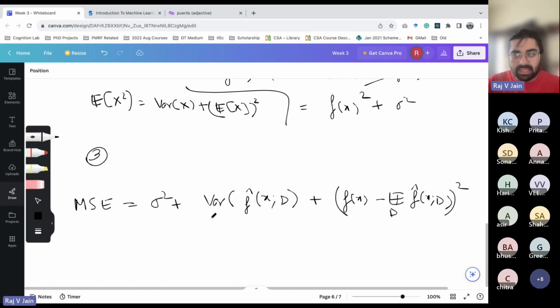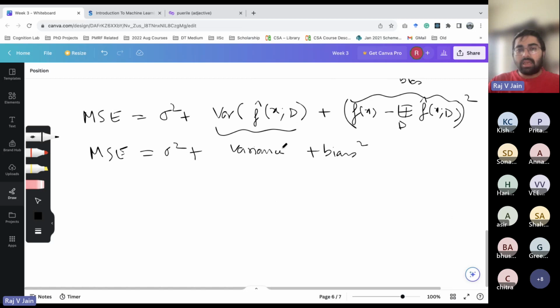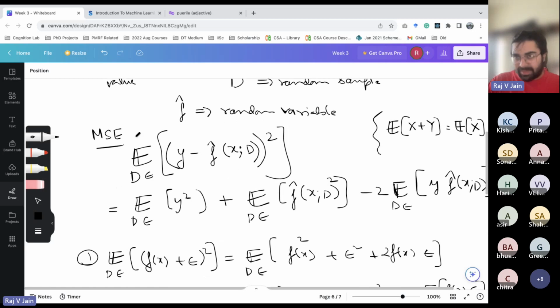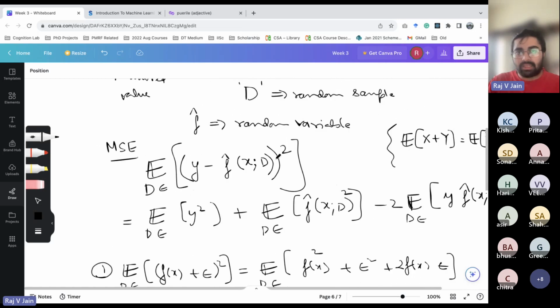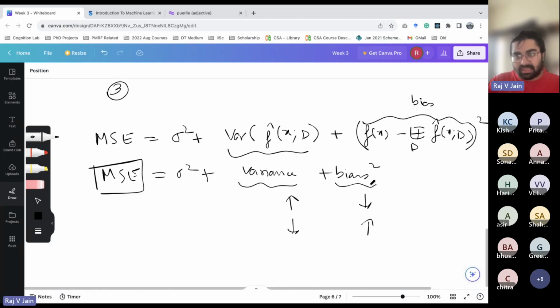So this is the variance term and this inside the bracket is called bias. So this comes as bias squared plus variance plus sigma squared, which is the MSE. So the idea is if you try to decrease the variance, you will end up increasing bias. If you try to increase the bias, you will end up decreasing variance, because this MSE is a constant number at the end of the day, since you're taking expectation over all possible randomness here. This turns out to be one number. So if you try to change this, you will end up increasing this.